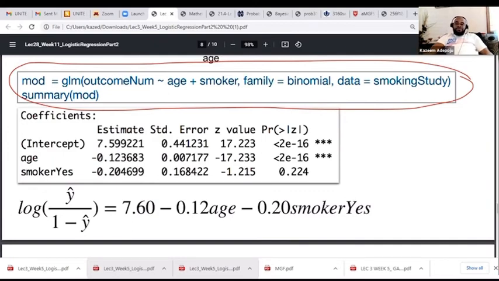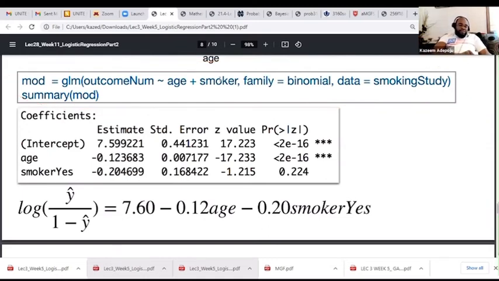This is the response variable. I'm looking at the effect of age, and at the same time the effect of whether the person smokes or not. So in this study, we are looking at the effects of age and of whether somebody smokes or not on the probability of that person being alive. That is the essence.